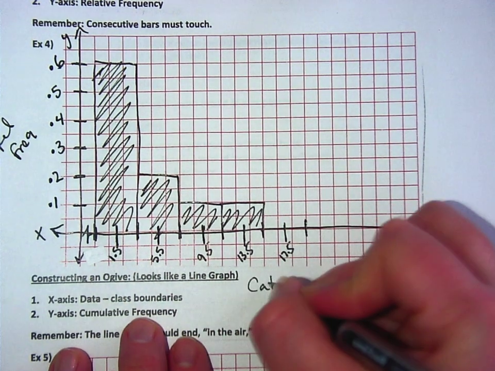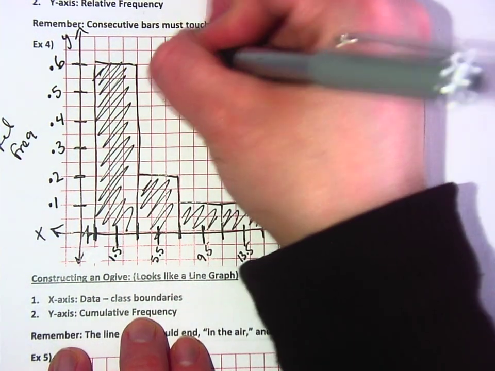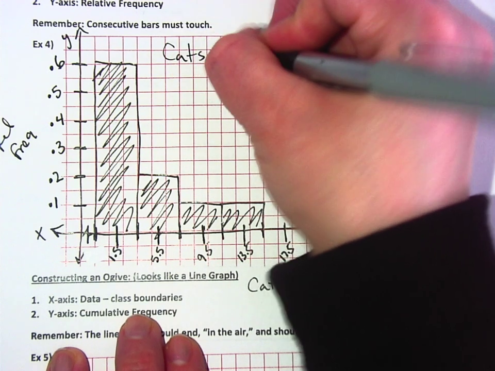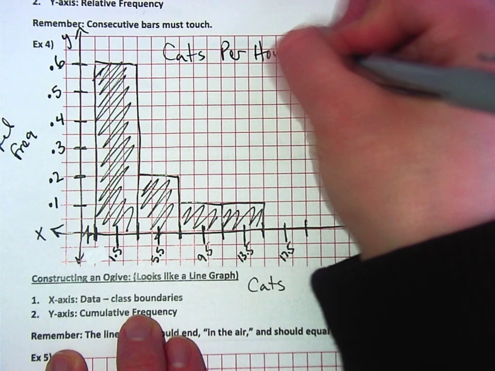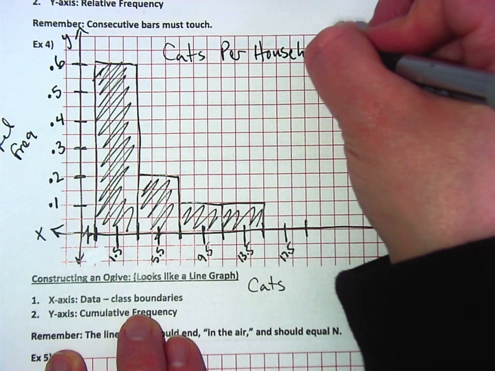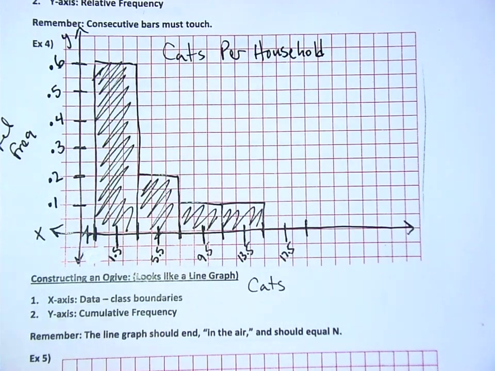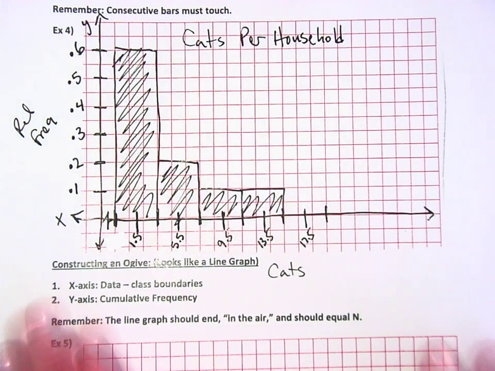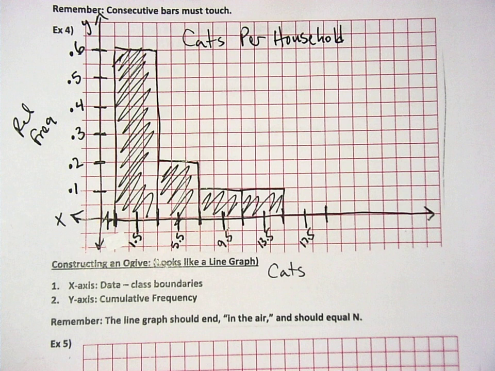Remember that the label down here is cats, and up here was cats per household on Harrison Street or whatever. It's a relative frequency histogram.